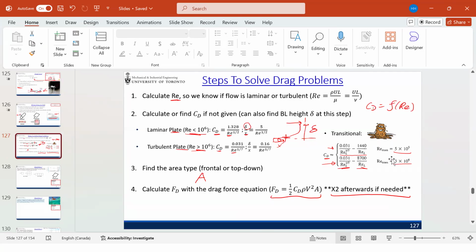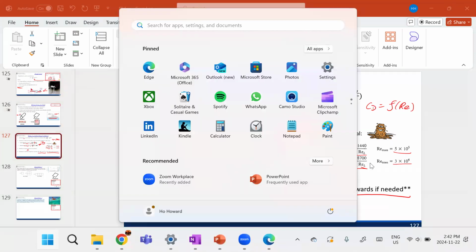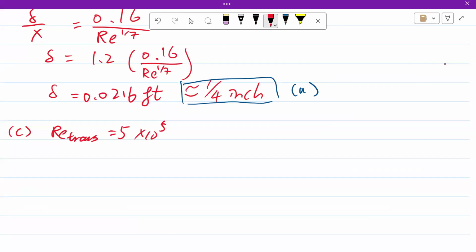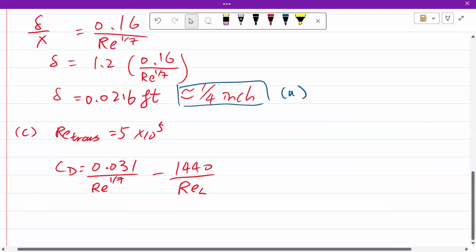If they tell you that their RE trans is 3 times 10 to the 6, then you use the second equation. CD equals 0.031 REL to the power of 1 divided by 7 minus 1440 divided by REL.